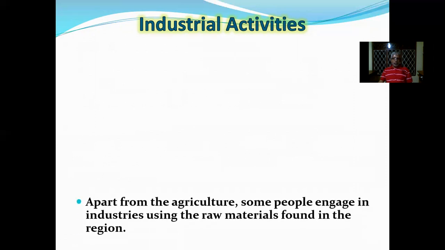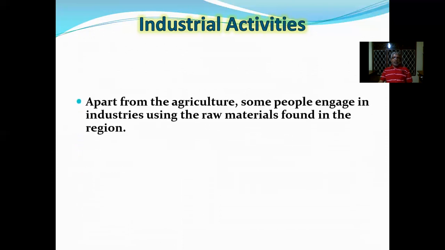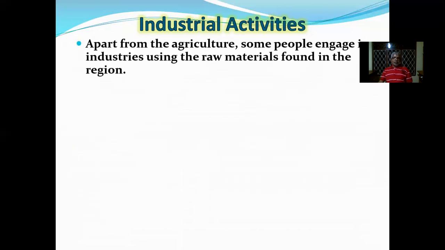Now we go and see how they are presented here. Apart from agriculture, some people engage in industries using raw materials found in the region. In Sinhala we call them amu dravya. Therefore, usually industries are based on the resources available in that particular area. These resources are referred to here as raw materials.